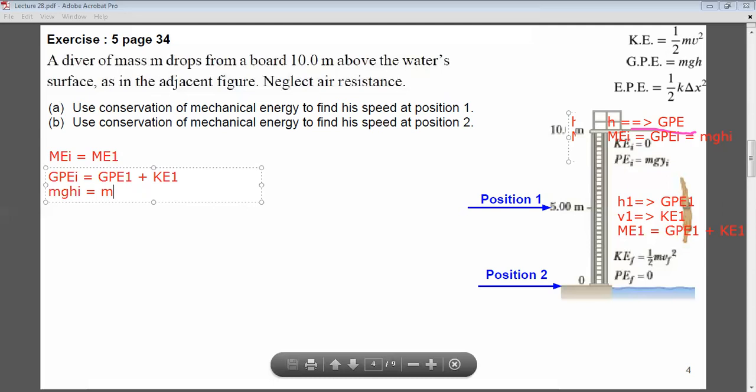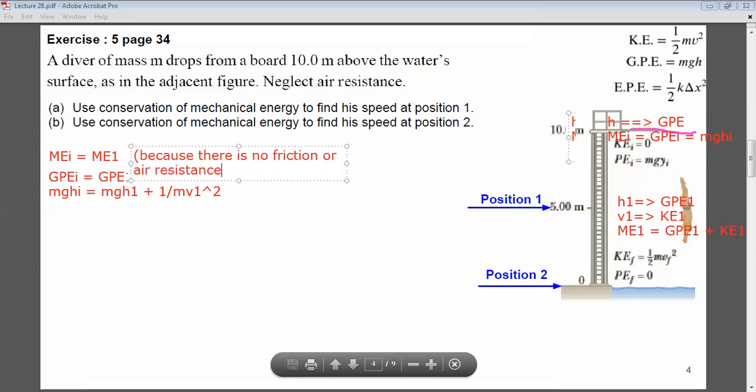This is equal to mgh 1 plus half mv1 squared. And we are applying this because there is no friction, we neglect resistance. So here, because there is no friction or resistance, we can apply conservation of mechanical energy.